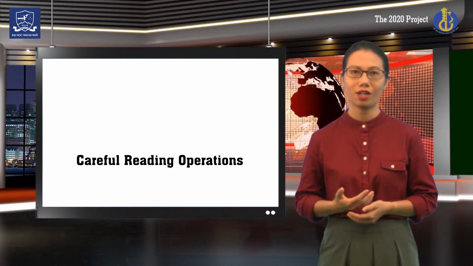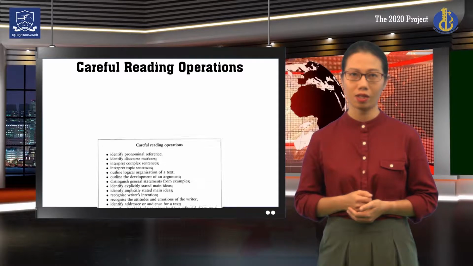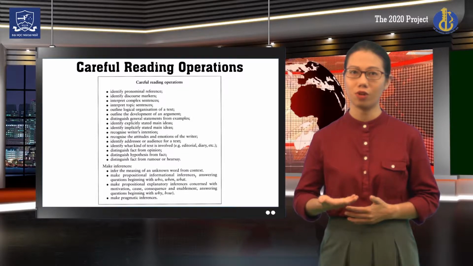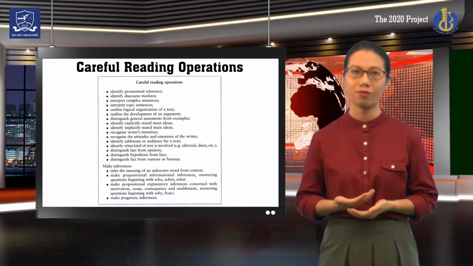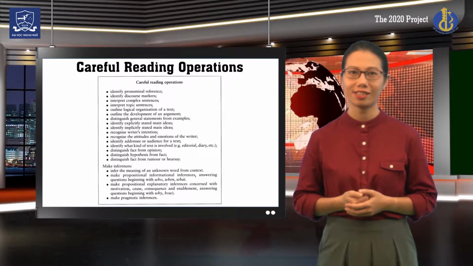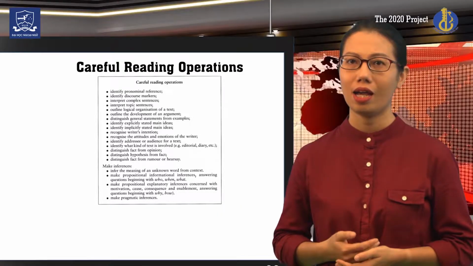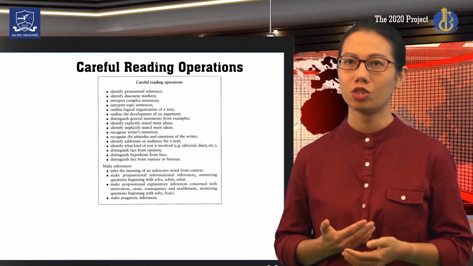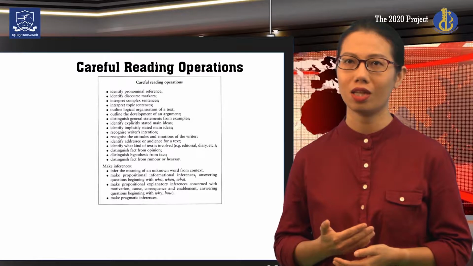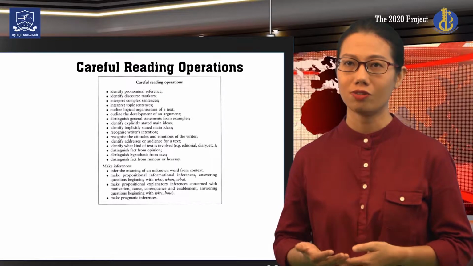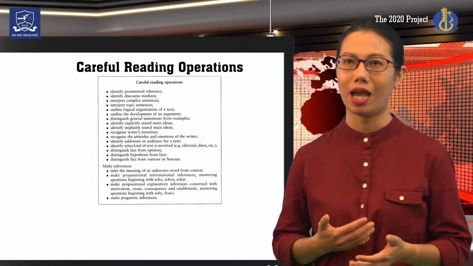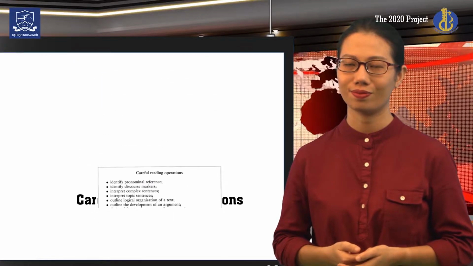Regarding careful reading operations, you can see on the screen a list of skills involved, like identify pronominal reference, identify discourse markers, interpret complex sentences, and so on and so forth. However, some take issue with lists of skills like this as ill-defined and overlapping, in Alderson 2000.